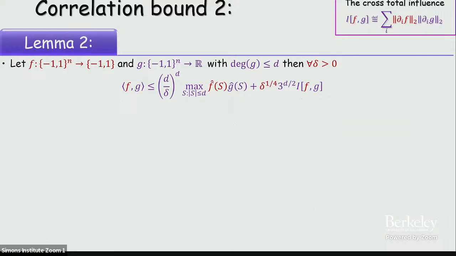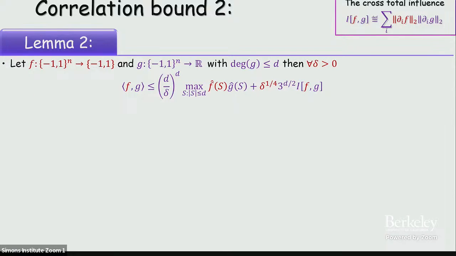So you can see now that we have another correlation inequality between, again, a Boolean function and the lower degree function, where now delta is for every delta. We just have two parts of the bound. One of them will be similar to what we had previously, with all the influences that are at most delta.